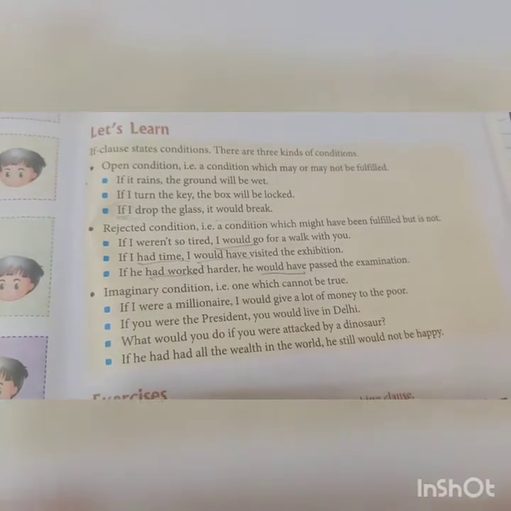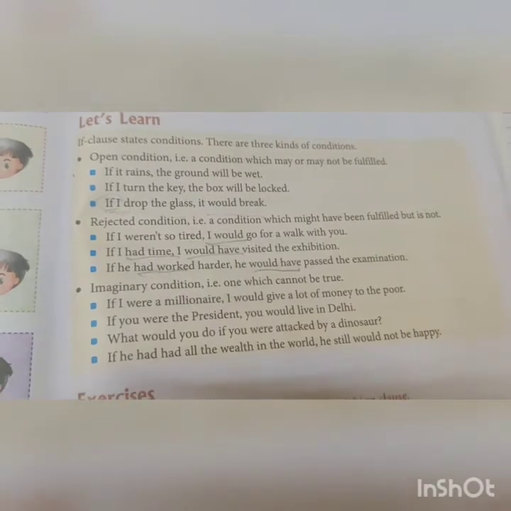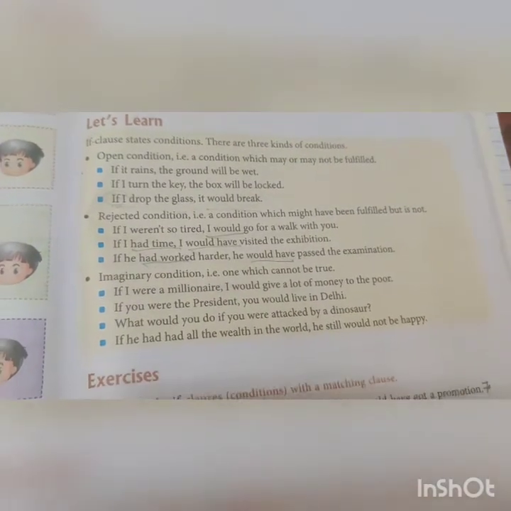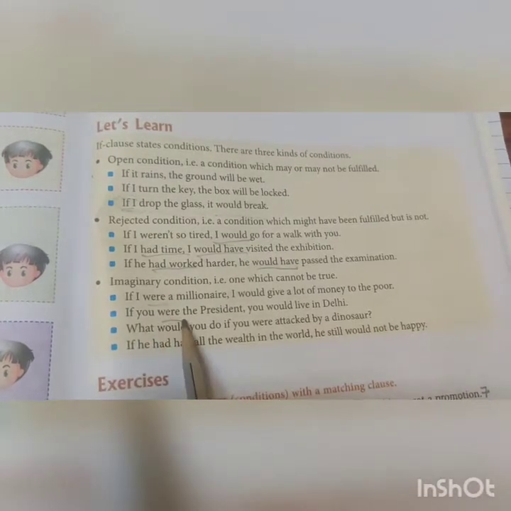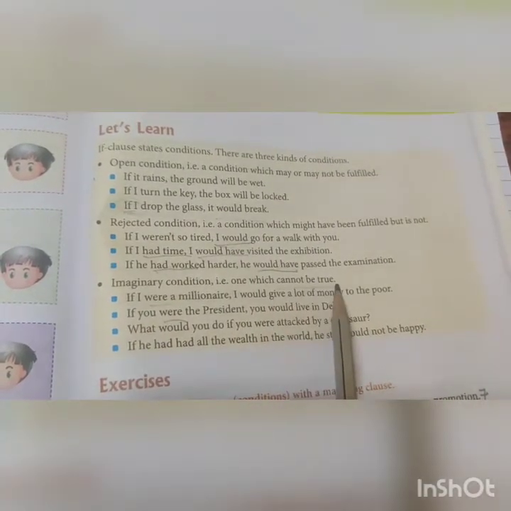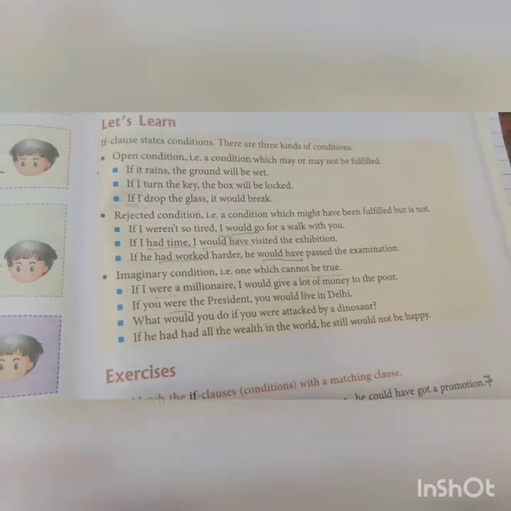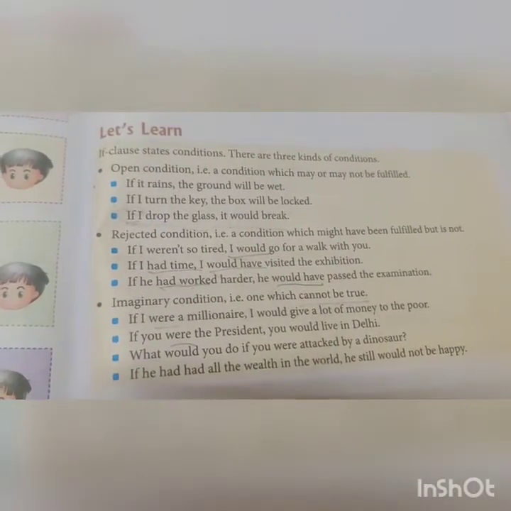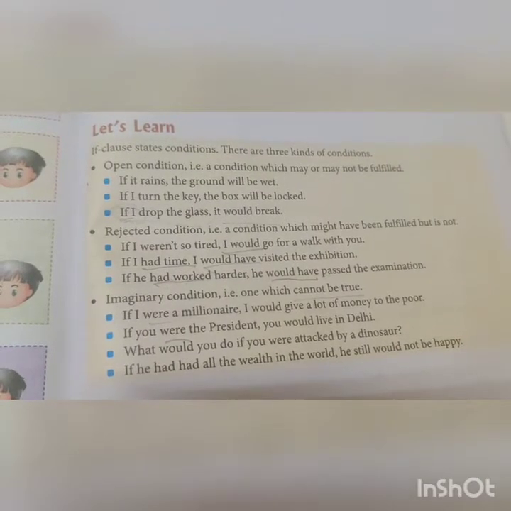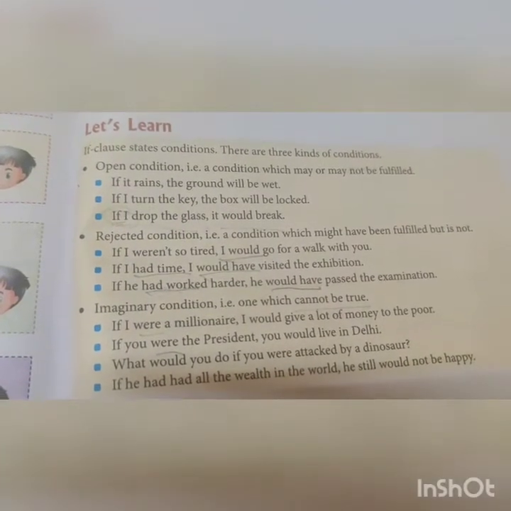Had shows the past perfect form of the tense. And in the imaginary condition, we can see was something that is at all not true. Something that is not true at all. So these were the three conditions we studied: open, rejected, and imaginary.